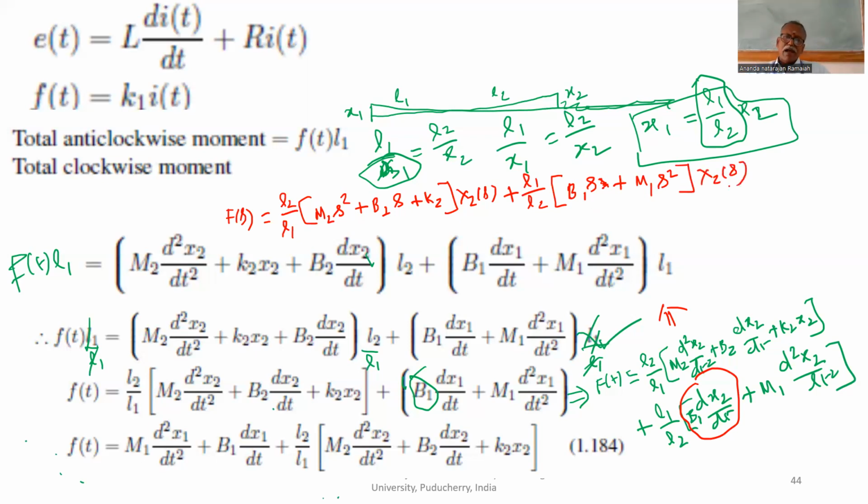That's all. So now you can bring x2 of s to one side.